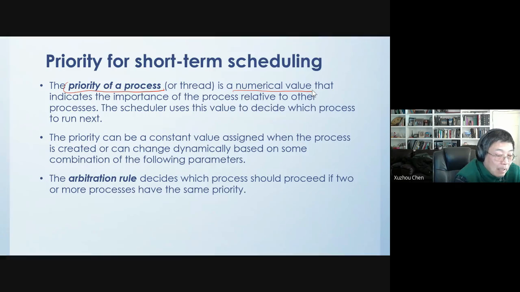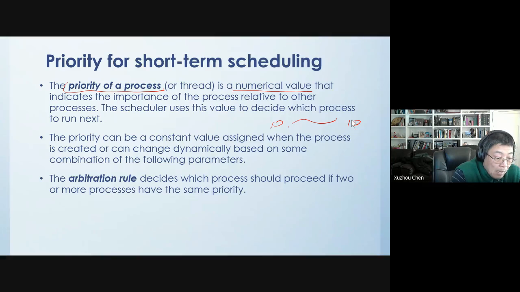If I set the priority from 0 to 10, 0 means highest priority, 1 means second highest priority, and 10 means the lowest priority. Each process has a priority number indicating how important it is. Then the scheduler picks the next process based on the priority of the process. This is typically the case.